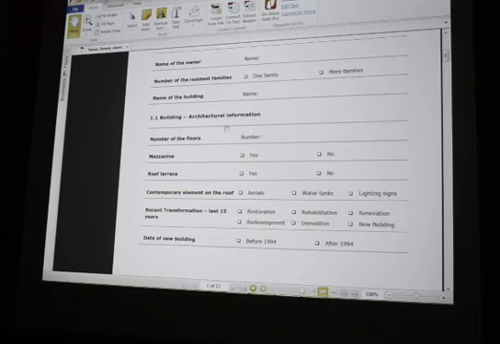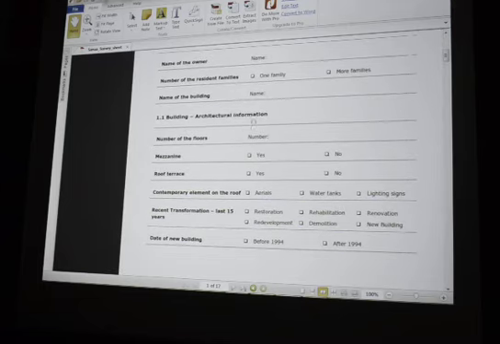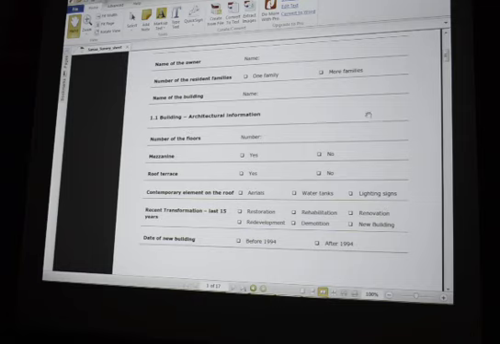Then, a number of information concerning the architectural features of the building. So the most conventional one, the number of floors. This seems to be a very easy question. In reality, you can have a lot of problems.